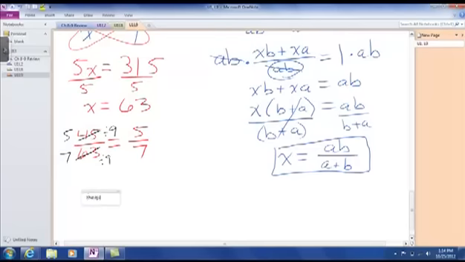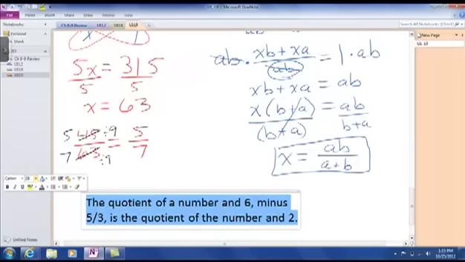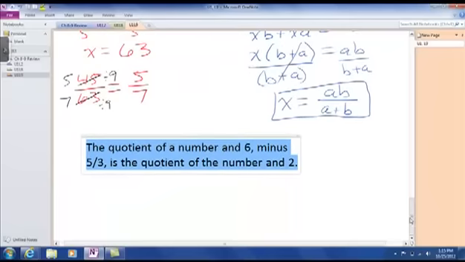The quotient of a number and 6 minus 5/3 is the quotient of the number and 2. I'm going to make that bigger, don't worry. Give me a second here and I will make that much bigger so we can read it, because I know that sometimes these get fuzzy if you're playing them a little bit larger.